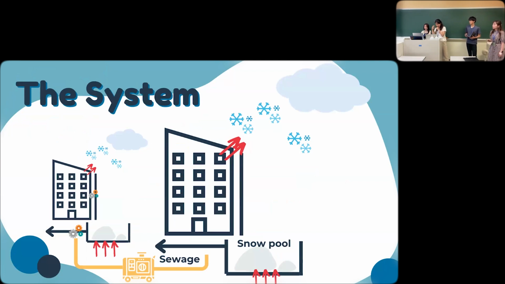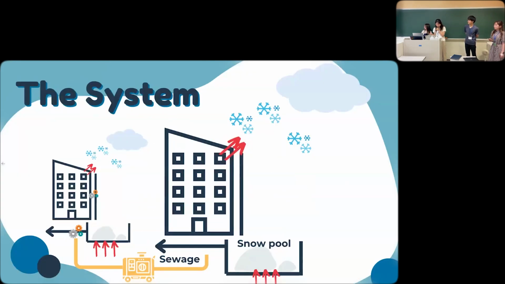The melted snow becomes water and flows through the pipes inside of the building, and we use the potential energy from this flow to eventually generate electricity. And the electricity generated here is used within the building. And additionally, the snow on the street is dumped by snow plows into this snow pool.